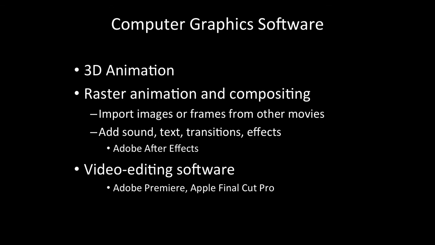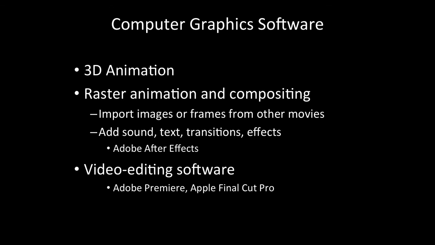Instead, what they'll do is they'll break their animation up into short segments or scenes, and then they'll bring those scenes into another animation program to assemble them or composite them all into a complete animation. So there are specialized programs that are designed specifically for taking images and animated sequences from other software and combining them together or compositing them together to create the finished movie.